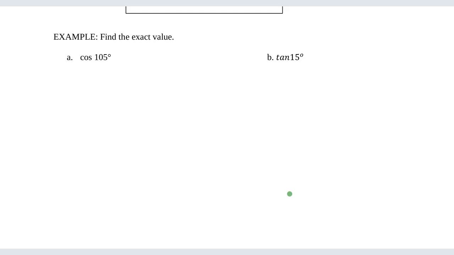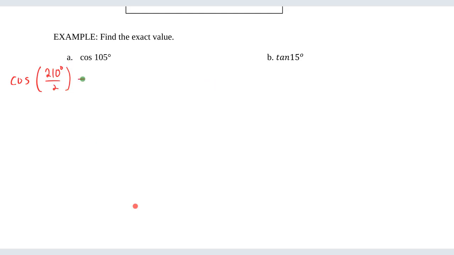So what I see here is that cosine 105 degrees, I can rewrite as 210 degrees divided by 2. You remember 210 degrees. If you get the reference angle of 210 degrees, you will get a common angle that we know. I will show you.